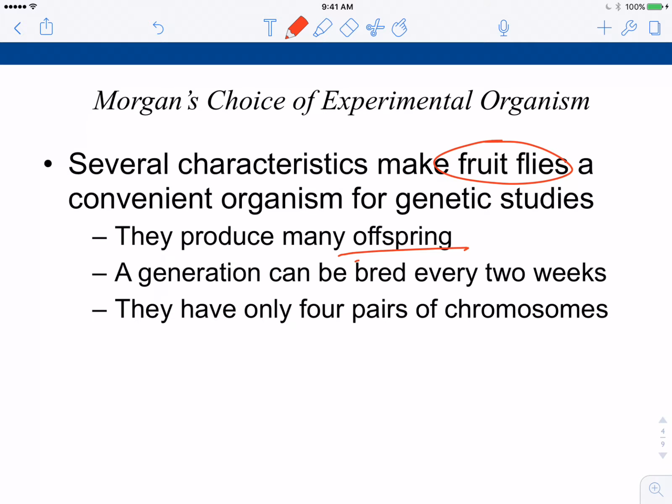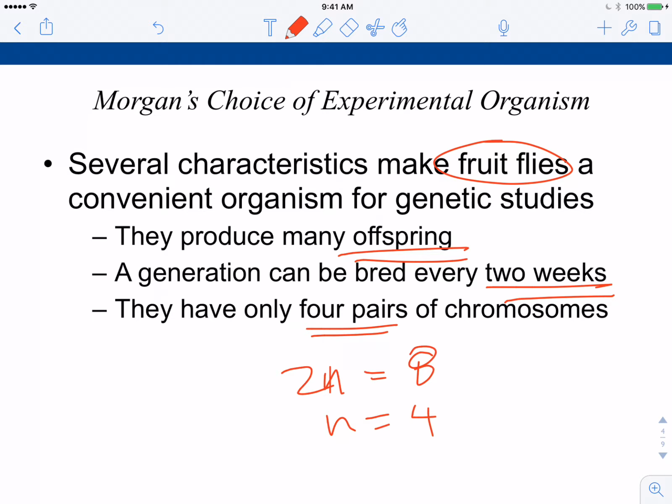Fruit flies have many, many offspring, a new generation every 2 weeks, and a simple genetic makeup: only 4 pairs of chromosomes. So their diploid number, 2n, is 8, and their haploid number is 4.